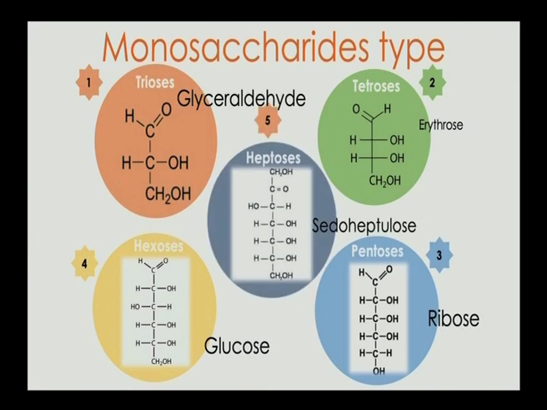The last type of monosaccharide is called the heptoses, because it contains 7 carbon atoms. An example is pseudoheptulose.